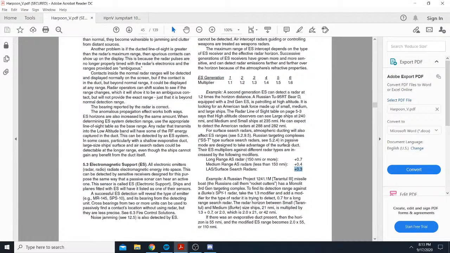Let's take a look at that. Surface ducting will also affect ES for a surface target such as a Russian one in passive mode. Take advantage of the surface duct. They're ES multipliers. You are correct that this is for ES only, and it is. Is it only surface duct? I believe you might be right there.